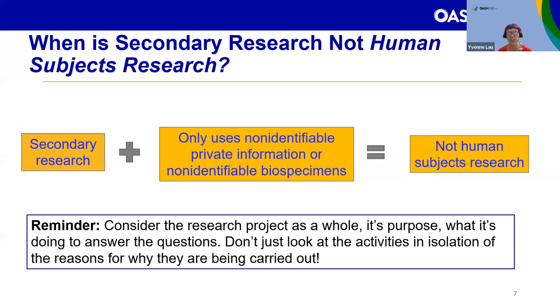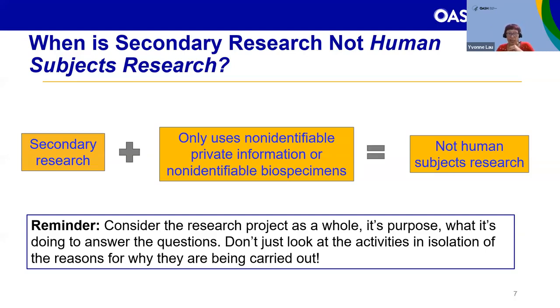When both these conditions are met, then this is not human subjects research, right? If you remember our definition just now, it is specifically referring to identifiable information. When there's no identifiable information and the information was collected already for other reasons in the past, when both these two conditions are met, then the researcher is not considered as doing human subjects research under the common rule.